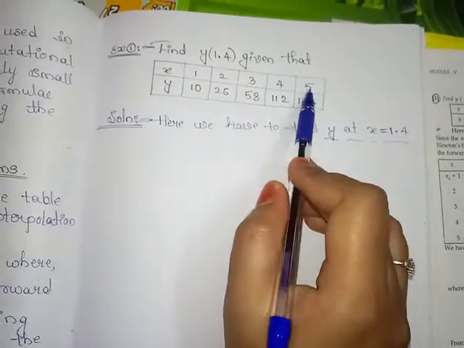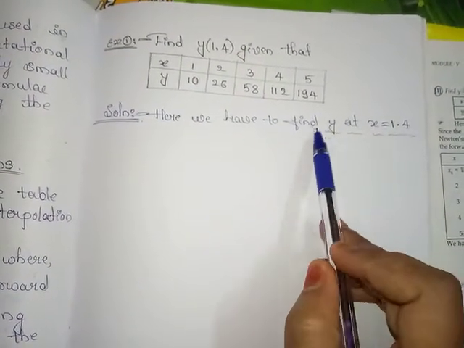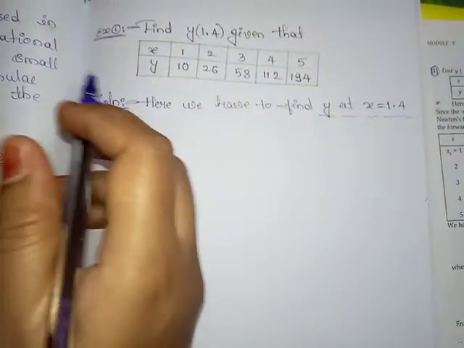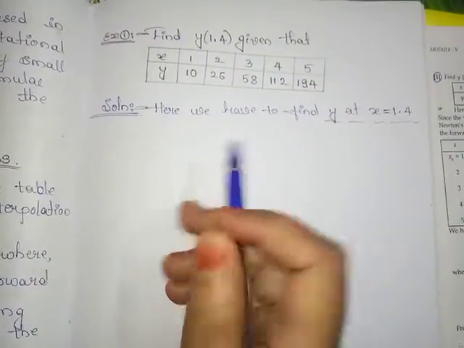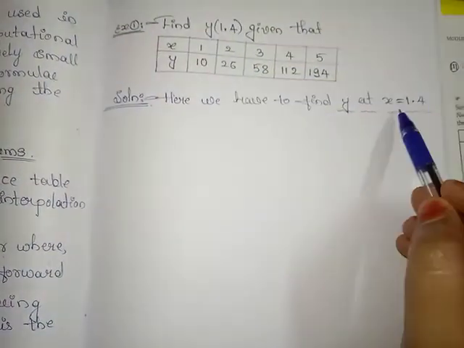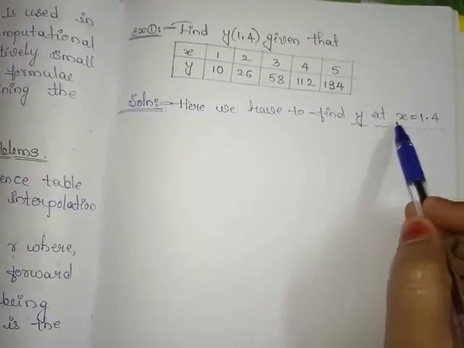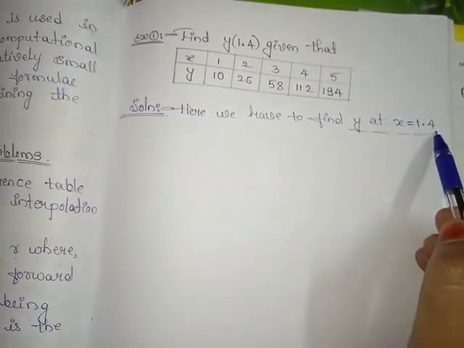This is x naught, this is x4, and the value of x is 1.4, for which we have to find the value of y. Now before going to the difference table, just see here our value of x is 1.4, right? The value of x is 1.4.